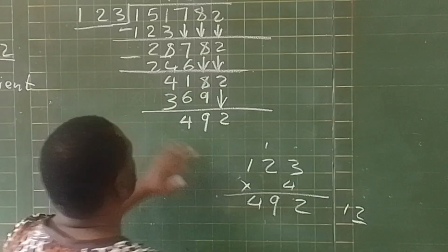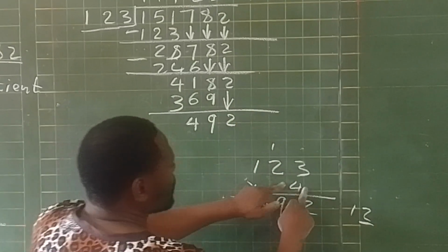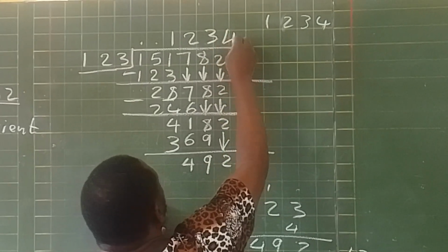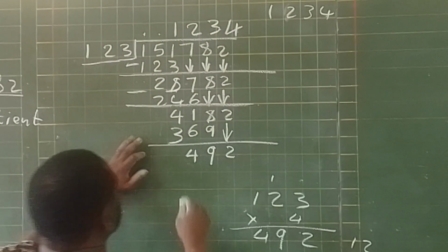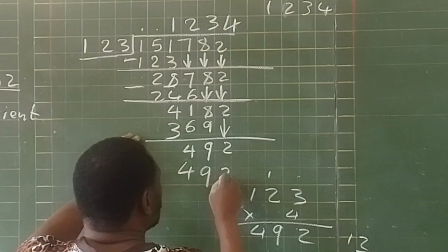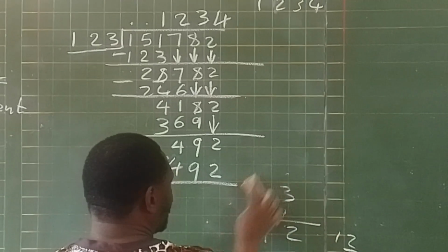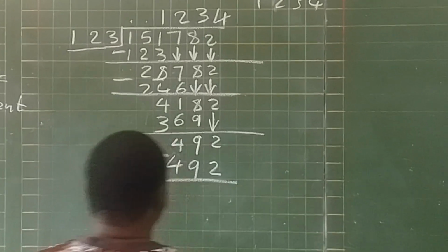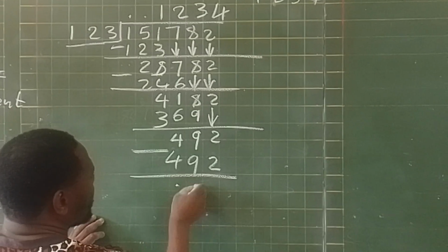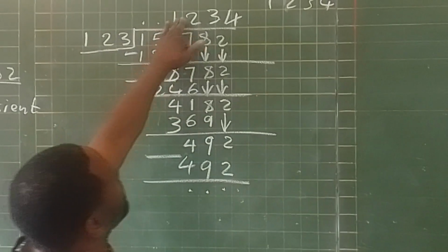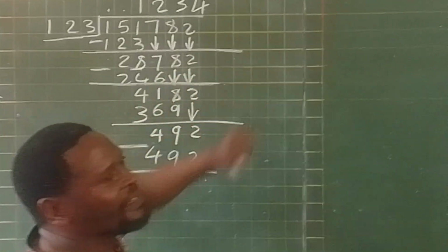Voila, that's the number. So we have how many times? 4 times. 4 times 123 is 492. We subtract. We get a 0. So this product, 1, 2, 3, 4, is the same as that one.